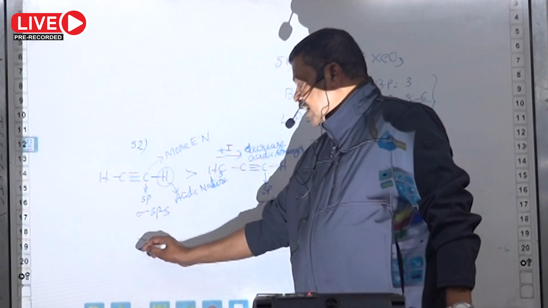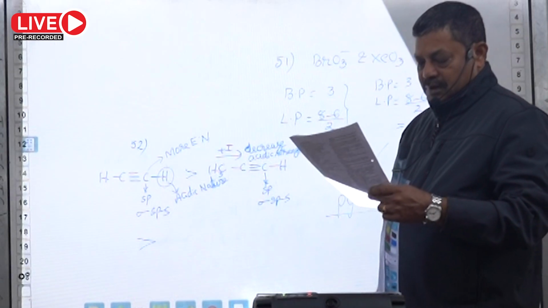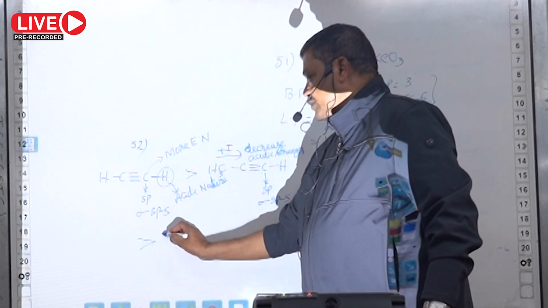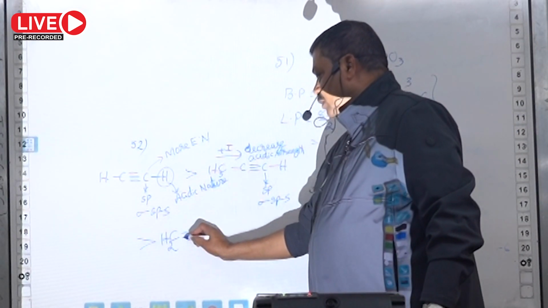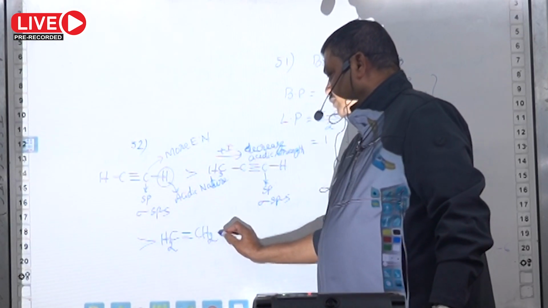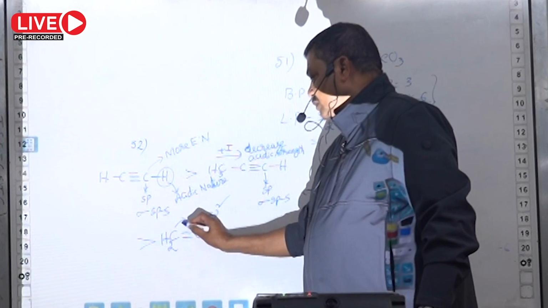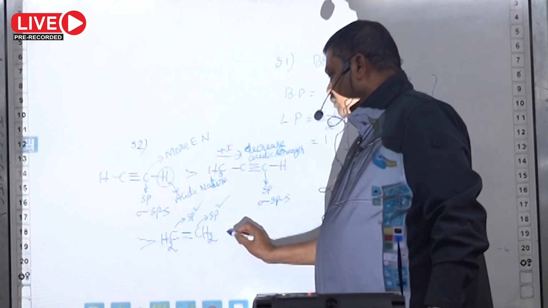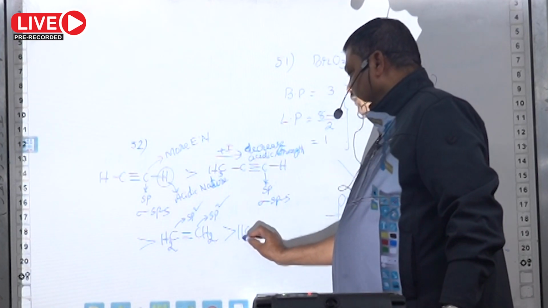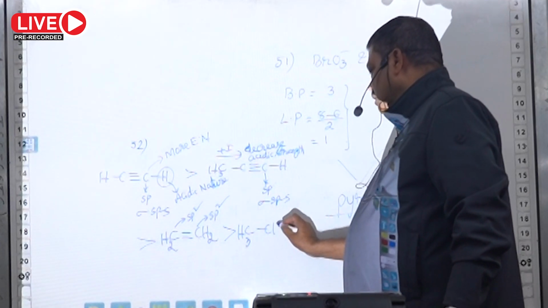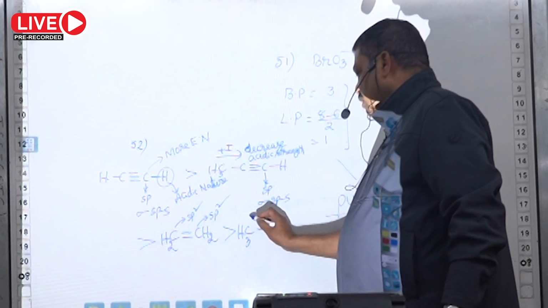Then it is greater than ethylene, CH2 double bond CH2, where the carbons are sp2, which is greater than sp3.